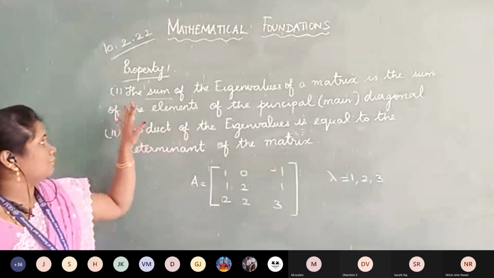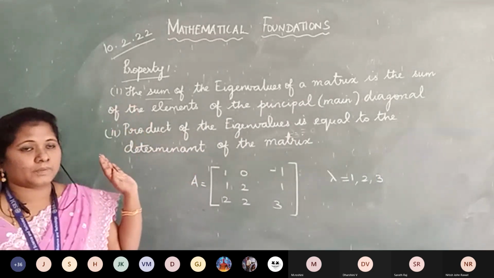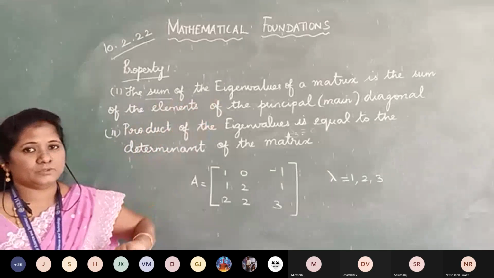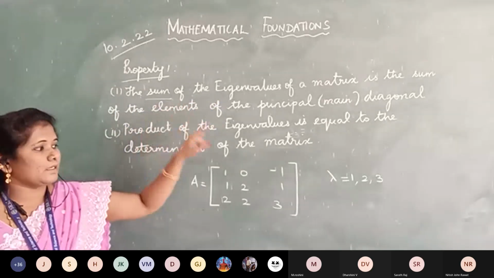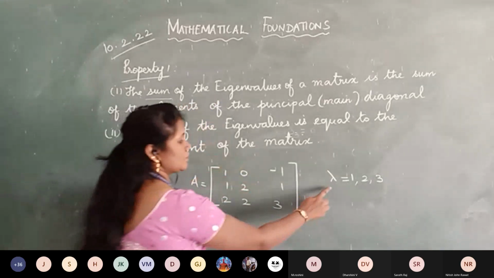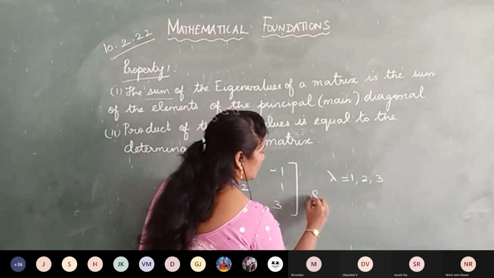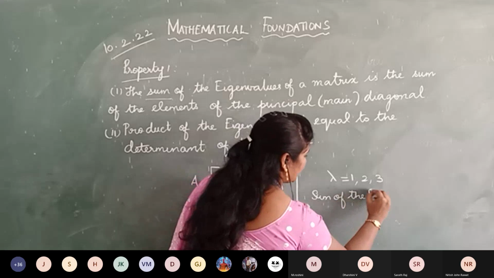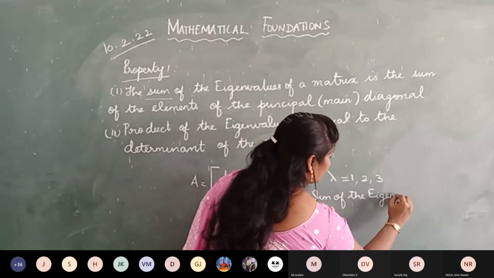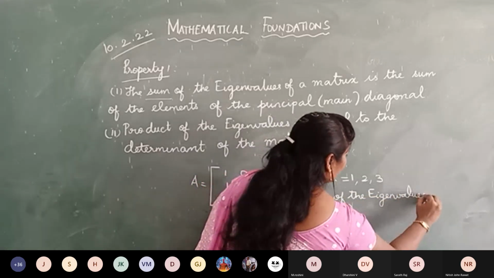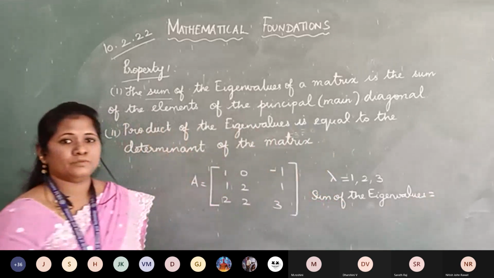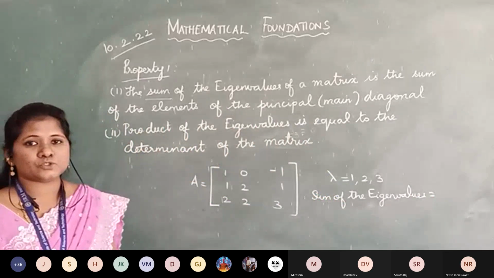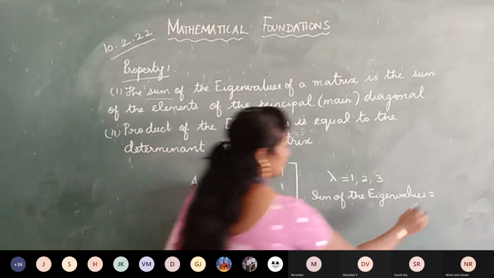So according to the property, the sum of the eigenvalues, you're going to add everything. When you add these values, it will be 1 plus 2 plus 3, which will be 6.